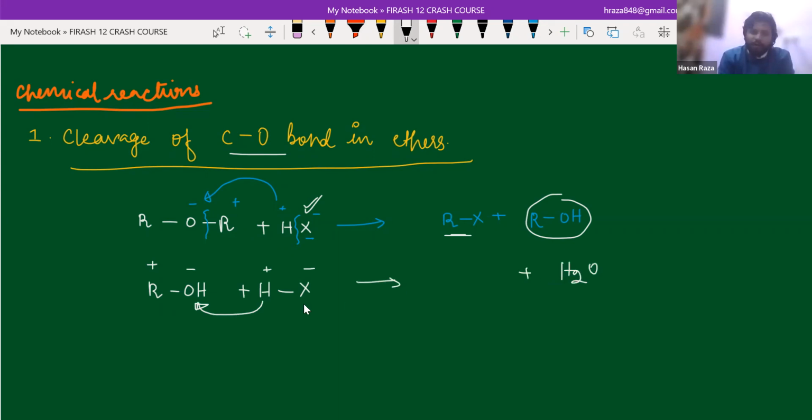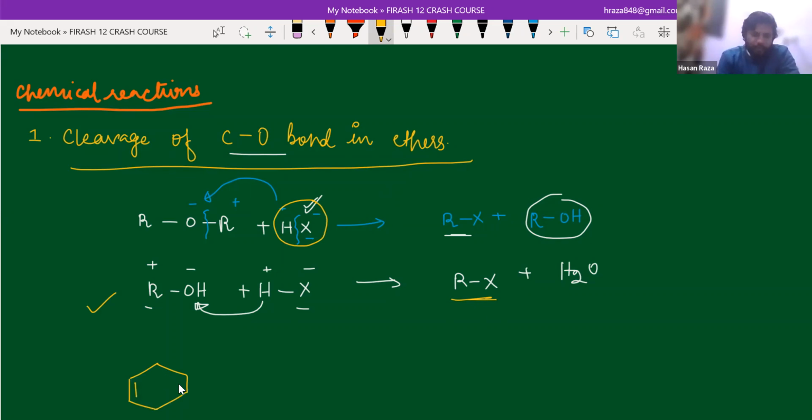And then again this negative and positive combine to form RX. This second reaction only occurs when HX is in excess, or at least 2 moles. Are you getting my point? Then the next product will again be RX, alkyl halide. In the same way, you can go for this reaction as well.